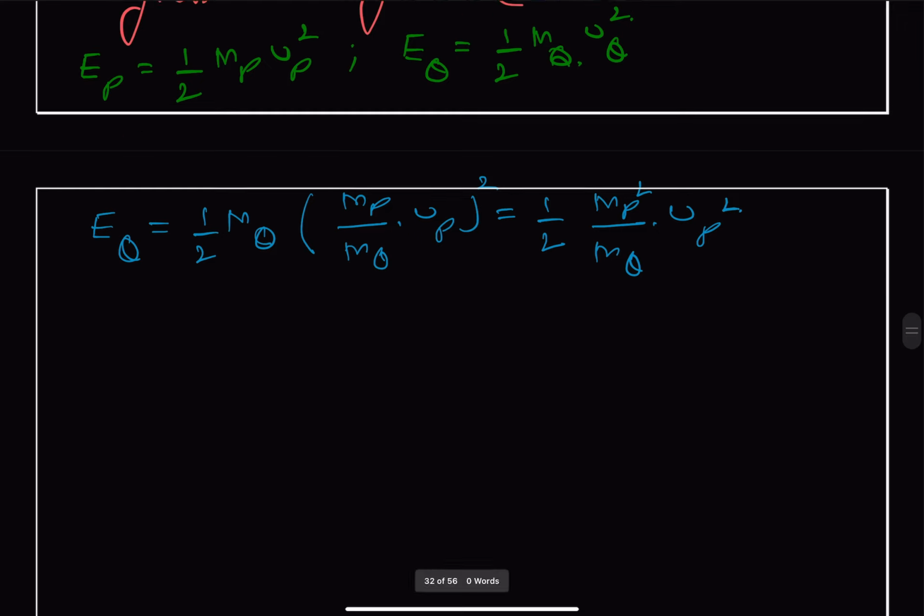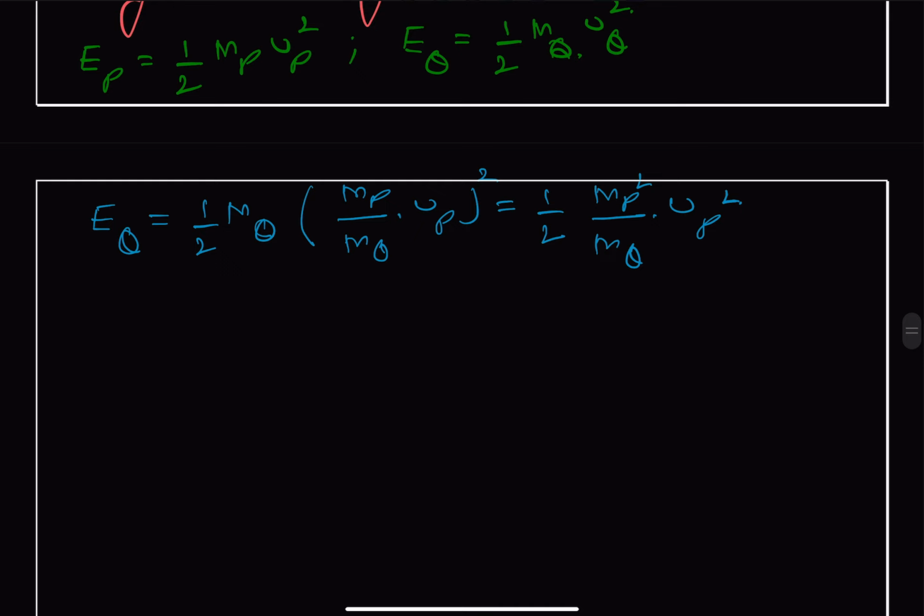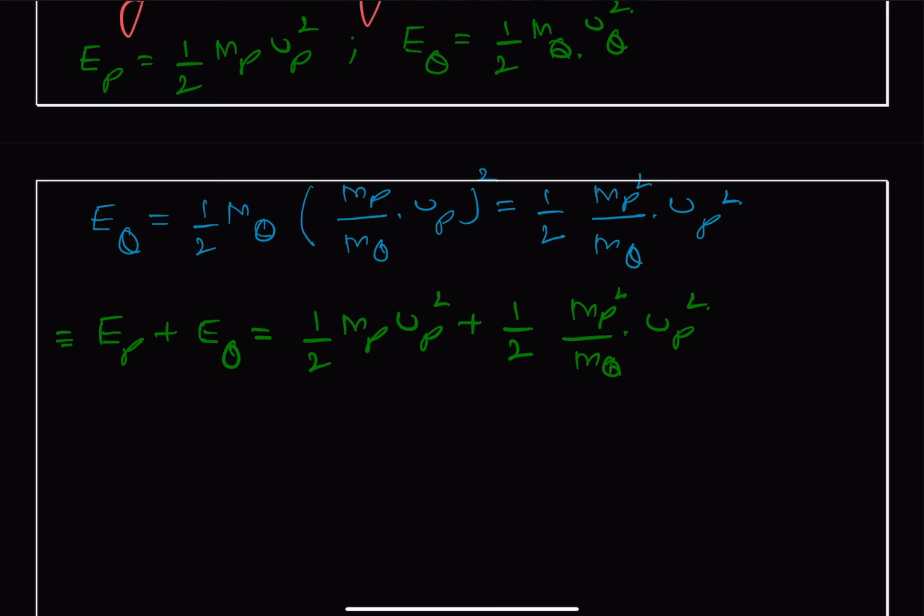Now we substitute that EP plus EQ will be equal to half MP VP square plus half MP square upon MQ VP square, and this entire summation is equal to delta C square.